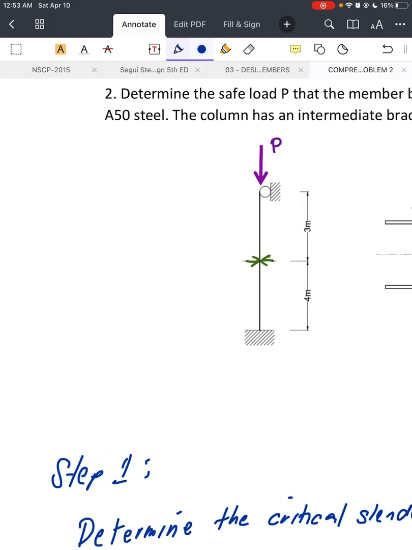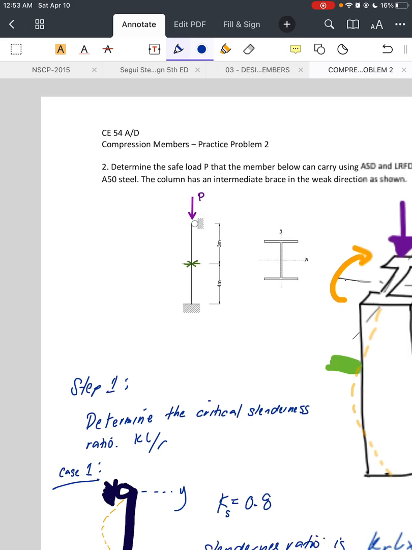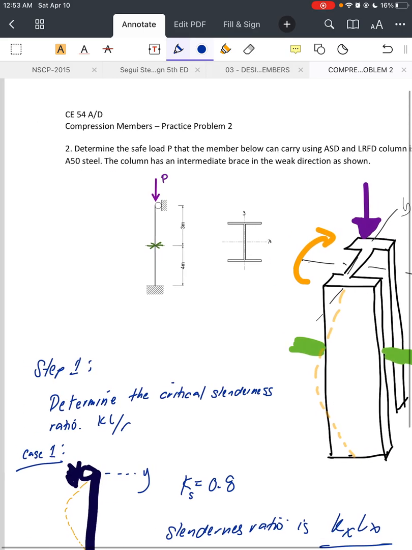Okay, I forgot to write the properties of the W10 by 88.